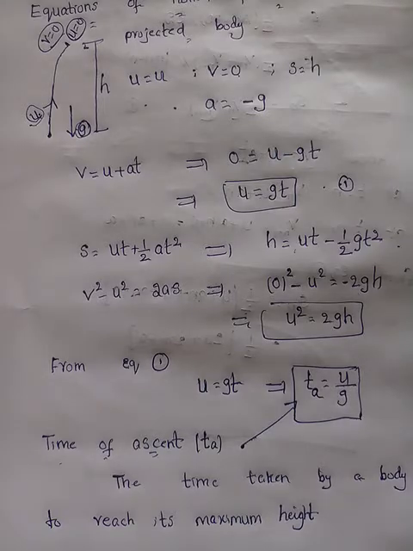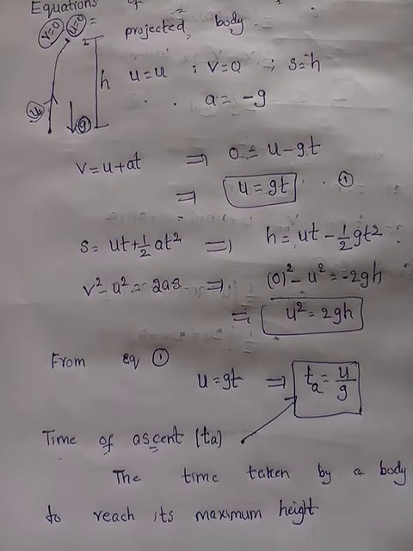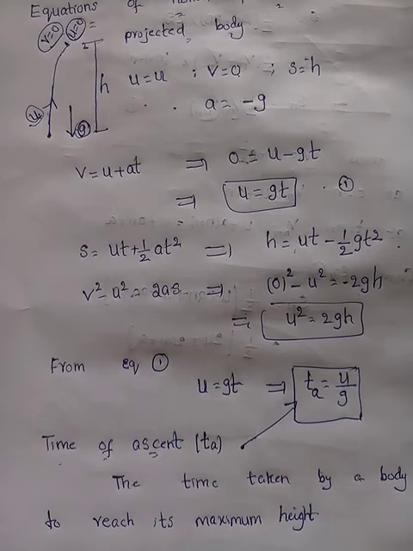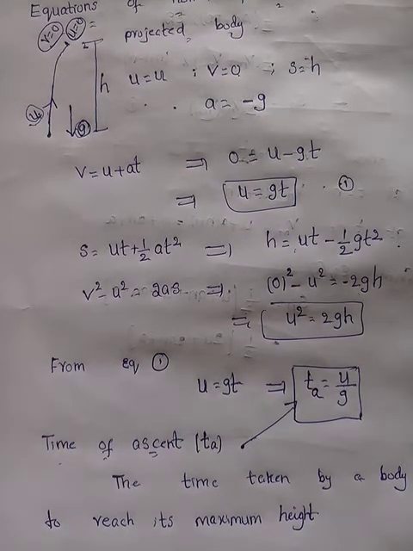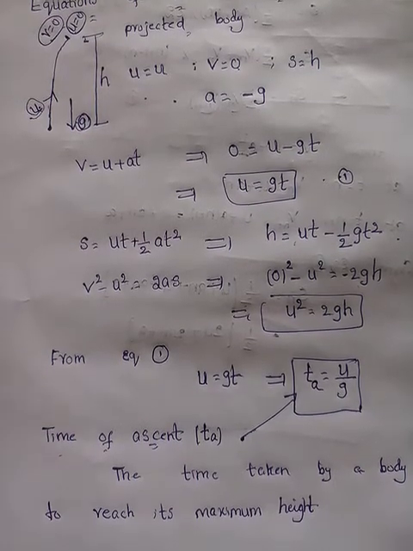And the maximum distance, here see, it travels some distance, right? The maximum distance traveled by an object along the vertical direction is called maximum height. That we can also write. So what is maximum height?